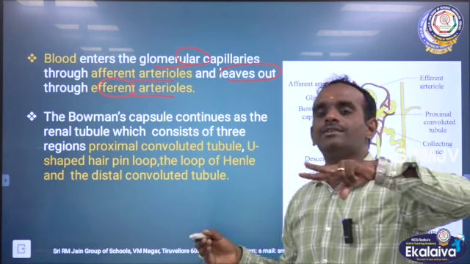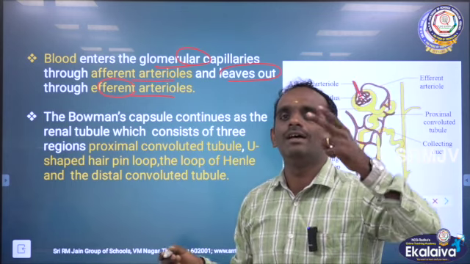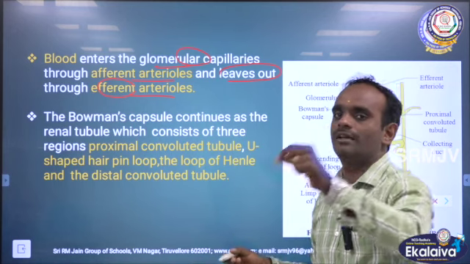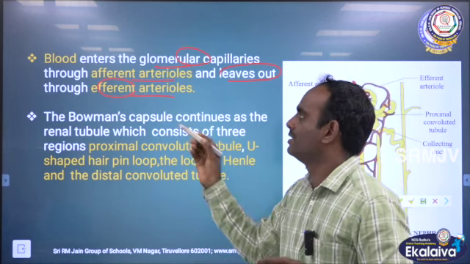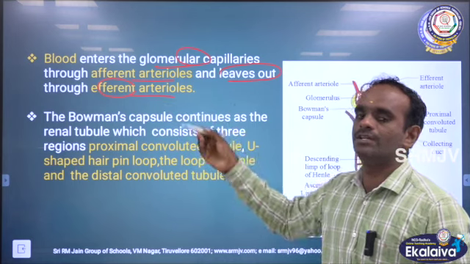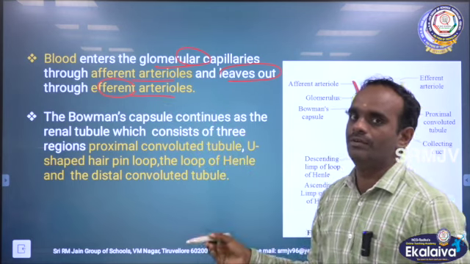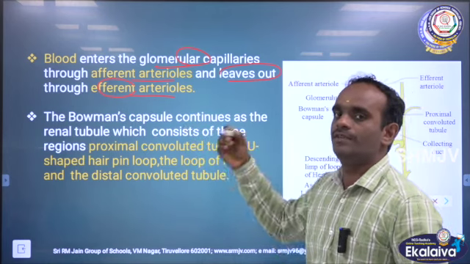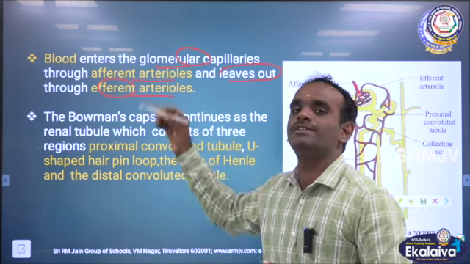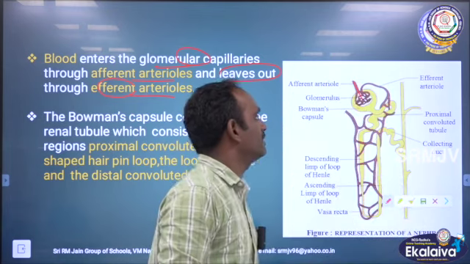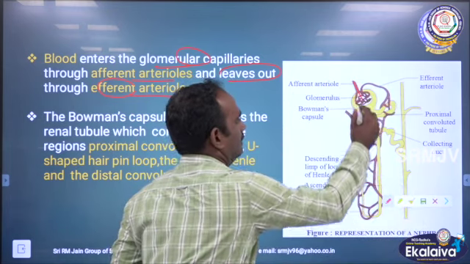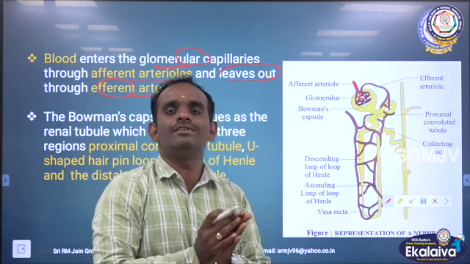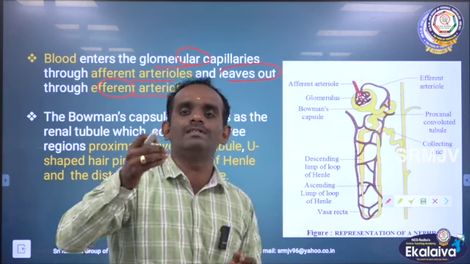Both afferent arterioles and efferent arterioles are blood vessels, the minute blood vessels. So, to the nephron, it is afferent. Blood enters into the glomerulus through afferent arterioles and leaves the glomerulus through efferent arterioles. See the picture here, children. Here the red color structure is represented as arterioles. Arterioles are minute blood vessels.